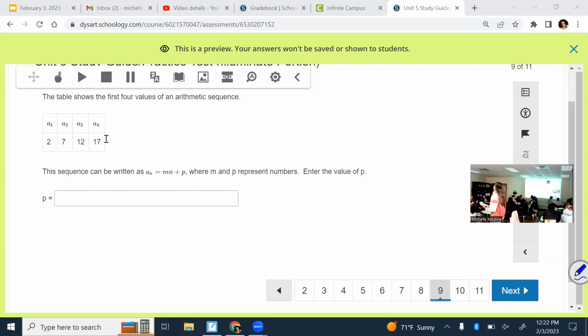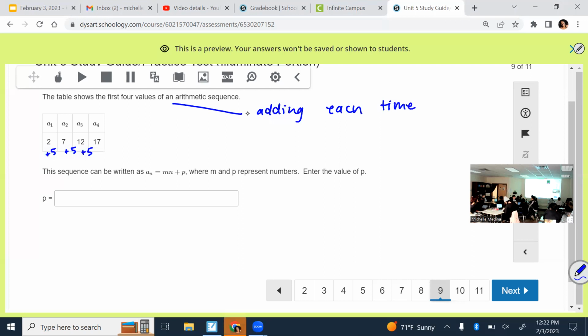All right, anyway, looking at the numbers, is there a pattern going on? Oh, yes. What is it doing each time? Okay, so that is why it is an arithmetic sequence, because we are adding each time. When we are adding each time, does that make it linear or exponential? Well, think about it. Exponential.